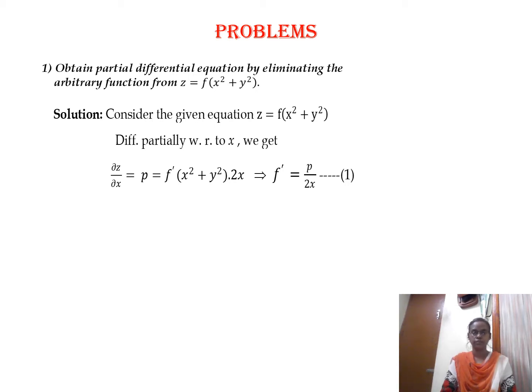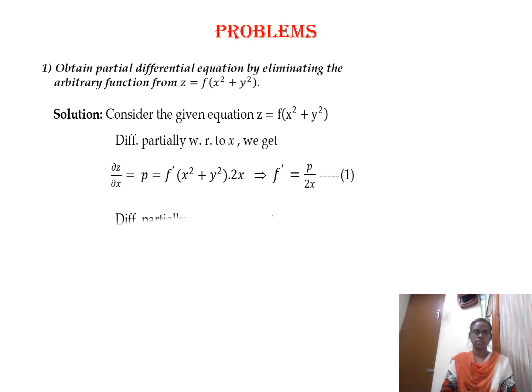That f becomes f dash into the inside. It's a function of x squared plus y squared, right? So inside what we have? x squared plus y squared. When we differentiate with respect to x, we get into 2x. From here, you can get the value of f dash as p by 2x, and mark this as equation 1.